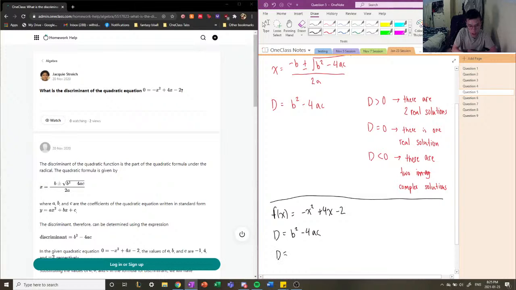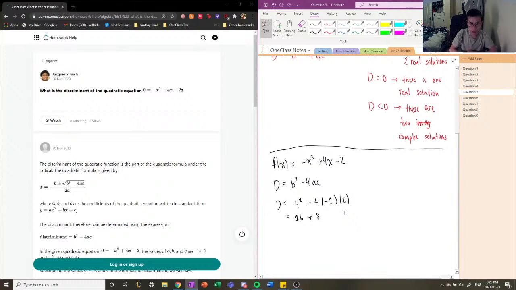This is what we get. D equals 4 squared minus 4 times negative 1 times negative 2, and we get 16 minus 8, okay, which is equal to 8. Right? So since d is greater than 0, we know that f of x has 2 real solutions.